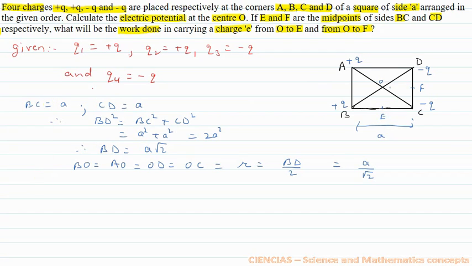So first of all, we see the formula for potential. Potential is calculated by 1 upon 4 pi epsilon 0 times q by r. This is the general formula. Now we look for the solution.